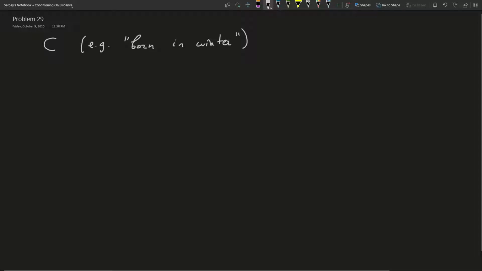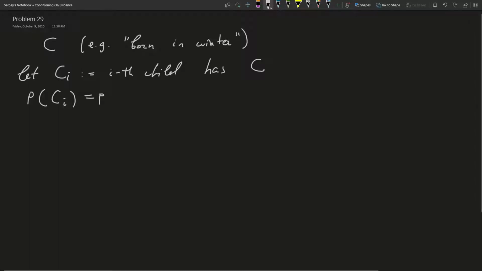So let's let Ci be the event that the ith child has the characteristic C. And so we're told that the probability that the ith child has this characteristic is little p, and this is independent of the gender of the children and independent of each other.